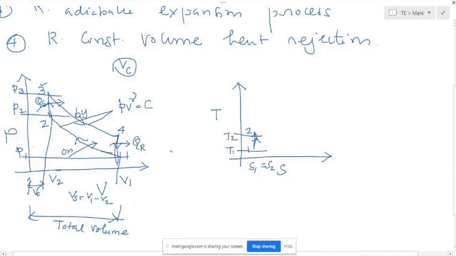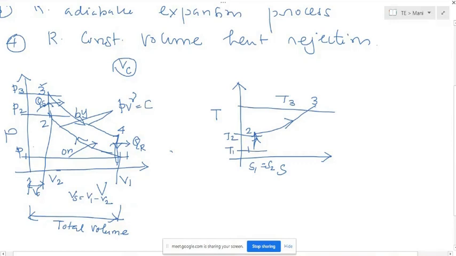Temperature is increased, right? And the second process, constant volume heat is added to the system. If heat is continuously added to the system, definitely temperature also gets increased. So you have to plot like this, right? So from this we can say T3, okay?